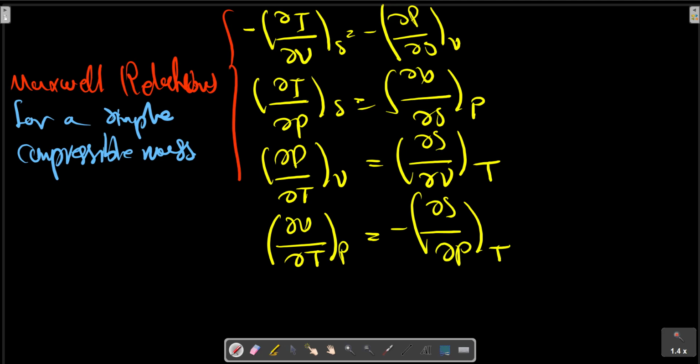A number of other useful relations can be derived from these equations and the previous equations.